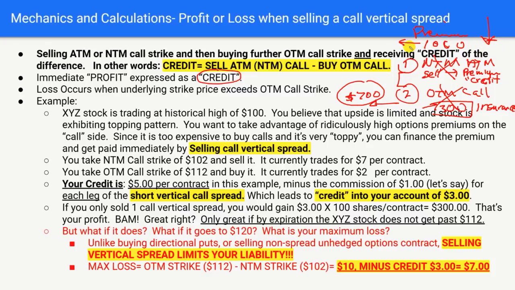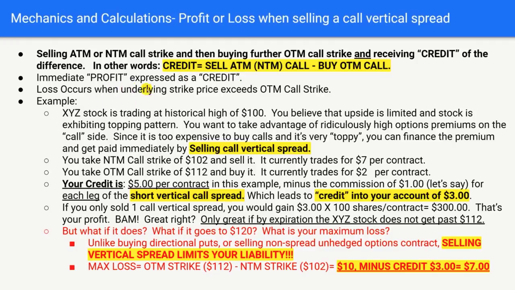Okay. Now, you don't have to hold it till expiration. Heck, if you got $1,000 premium and it slowly starts to go towards expiration date, and you have a credit of not $1,000 because it's fluctuating, but like $500, and you want to take that, you just close out this position, and we'll go over that.